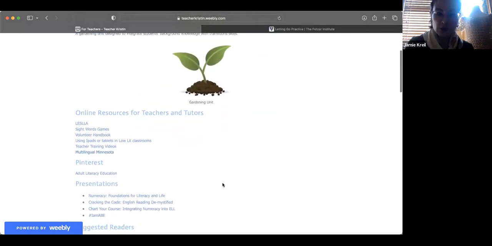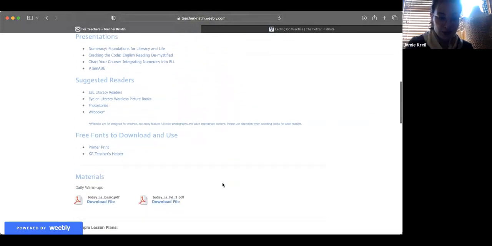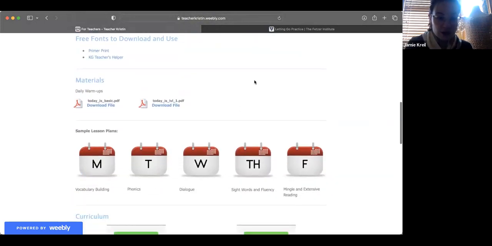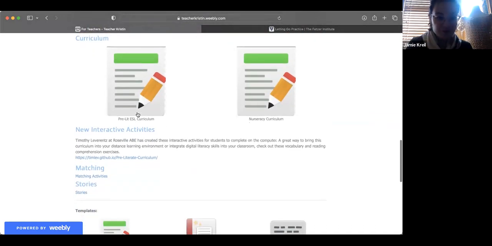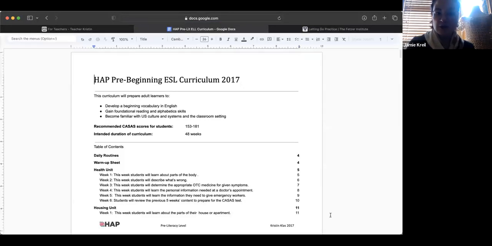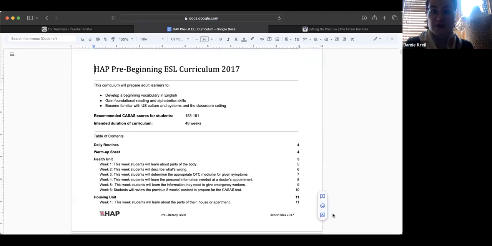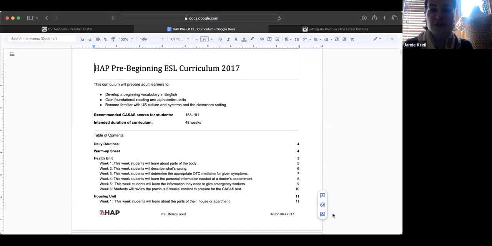So if you could scroll down, Stephanie, to the unit, the curriculum, yep, the pre-lit ESL curriculum. Click on that. And this will take us to, yeah, so this last time it was revised it's ongoing, even though it says 2017. And this is a unit map for all of those CASAS components.